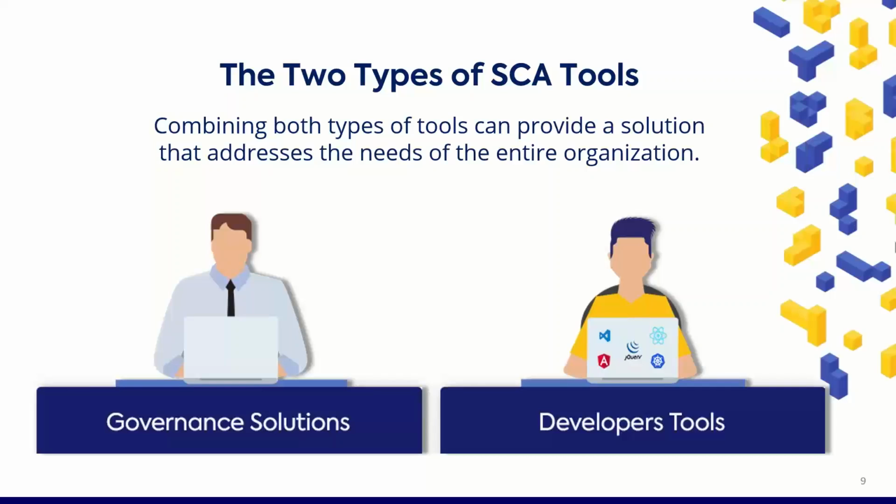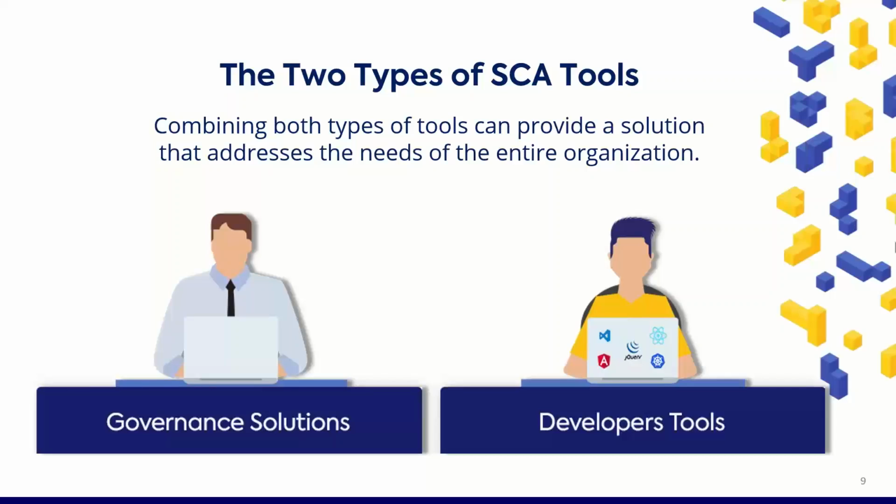Governance is more for security teams, for the CISO, for the DevOps team leader, for the development team leader to actually know what the policy is. This is where they conduct their own internal research, and they understand this needs to be the organizational policy.